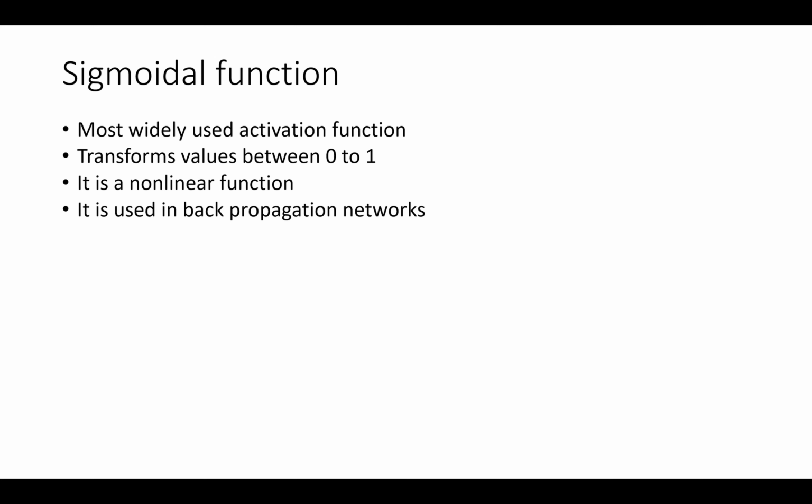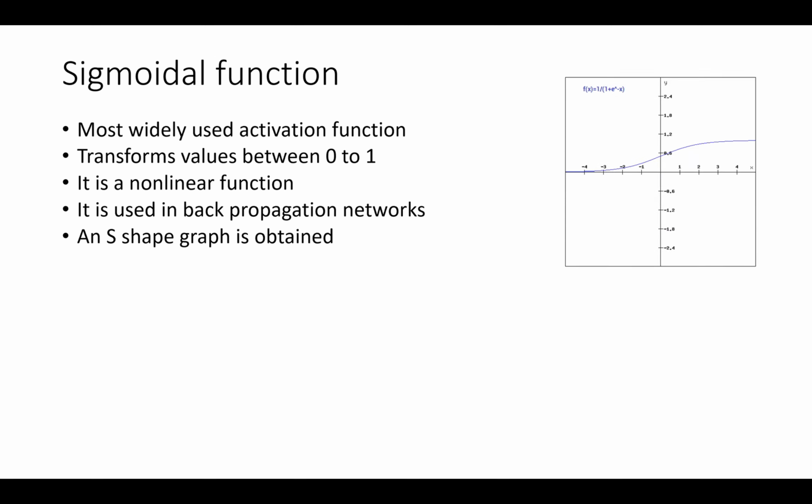This function can be used for backpropagation networks as it's not nearing 0 and also it does not have any constant value. This function takes the shape of an S when plotted with normal values.